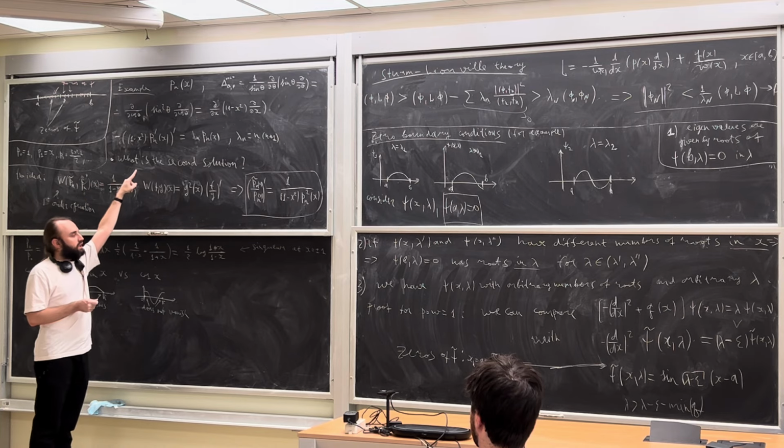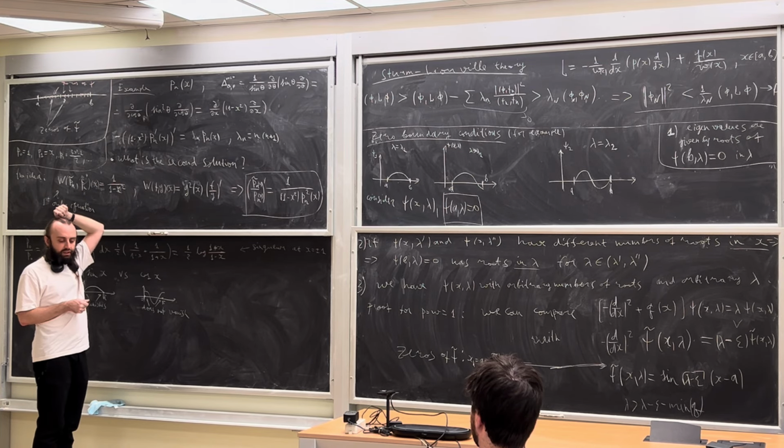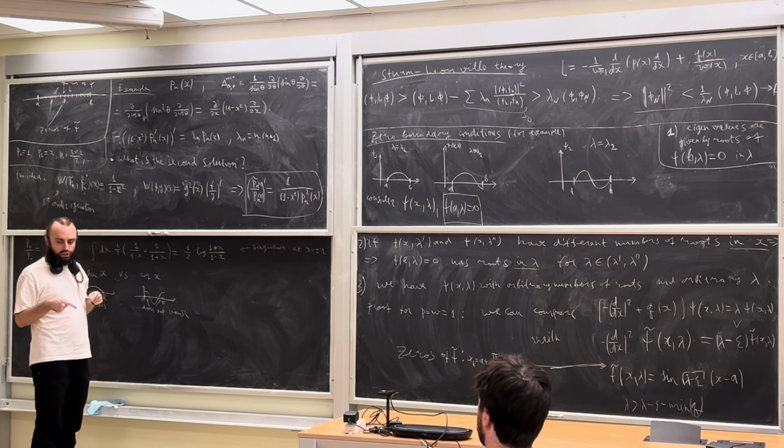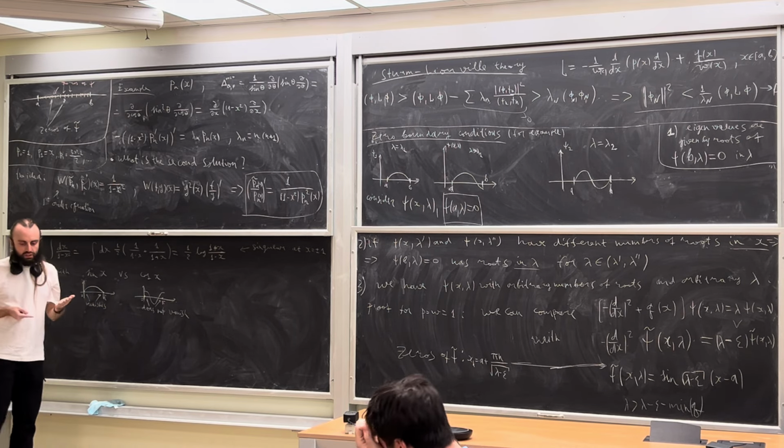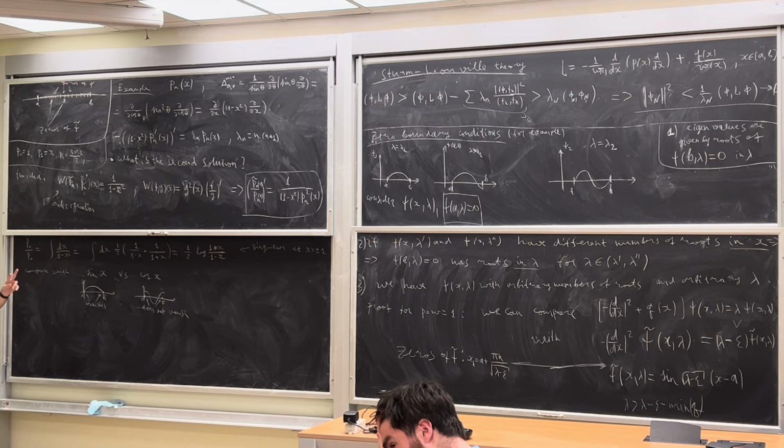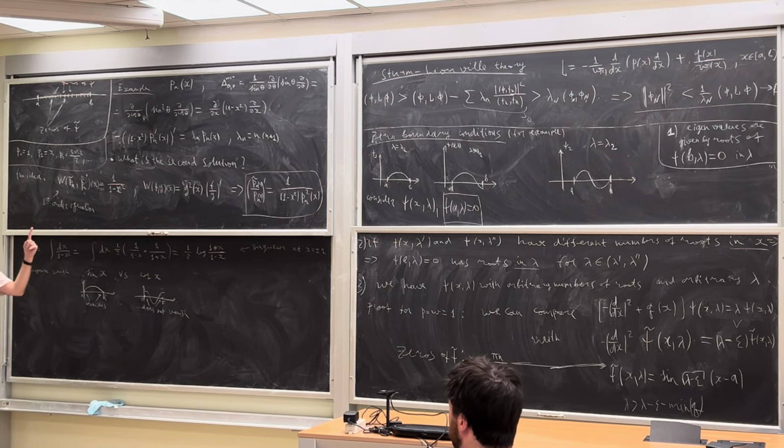We can study solutions that are even and odd at the origin, because we know that since this equation is symmetric under x to minus x, all its solutions should also be symmetric or antisymmetric. And then we can look for solutions that are regular at 1 and minus 1.